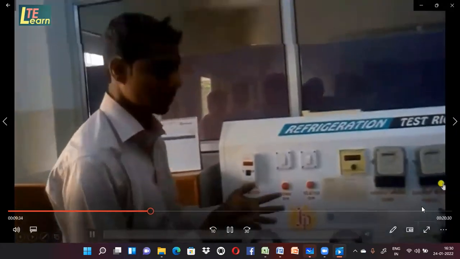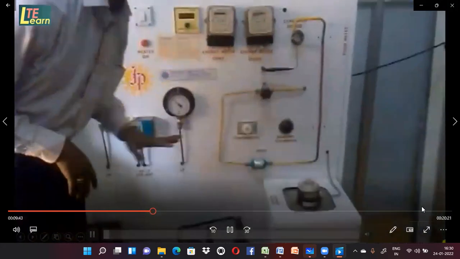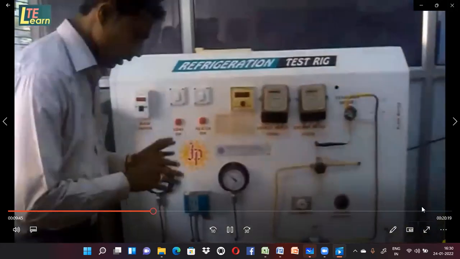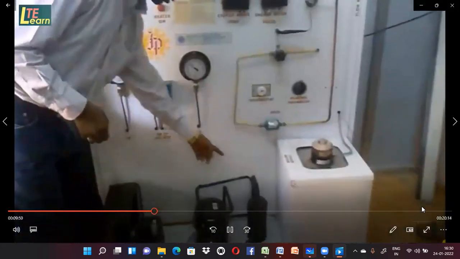Vapor compression refrigeration system has four components: compressor, condenser, capillary tube, that is expansion valve, and evaporator. All these components are connected to each other by piping.